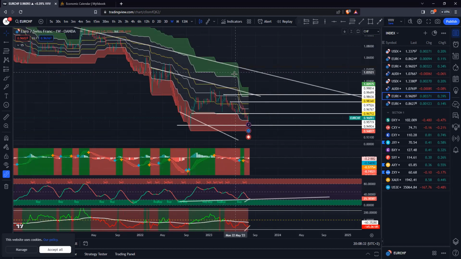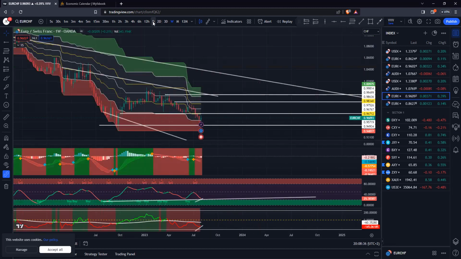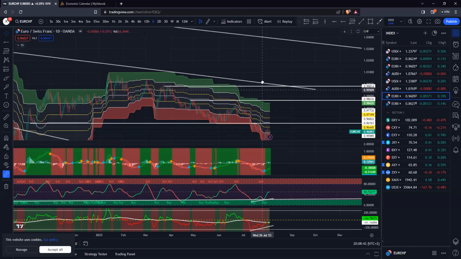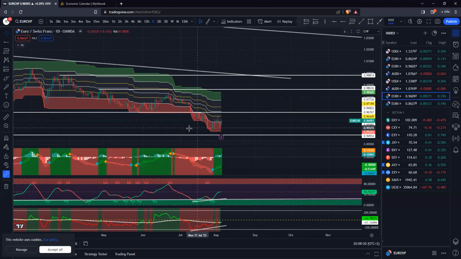Okay, then the EUR CHF made its move, but didn't reach the target zone from the last point. This was the target zone, we didn't reach that, but there was also a divergence forming. And now comes the interesting part. We should break this level first of all to move forward, but we are under the zero line.